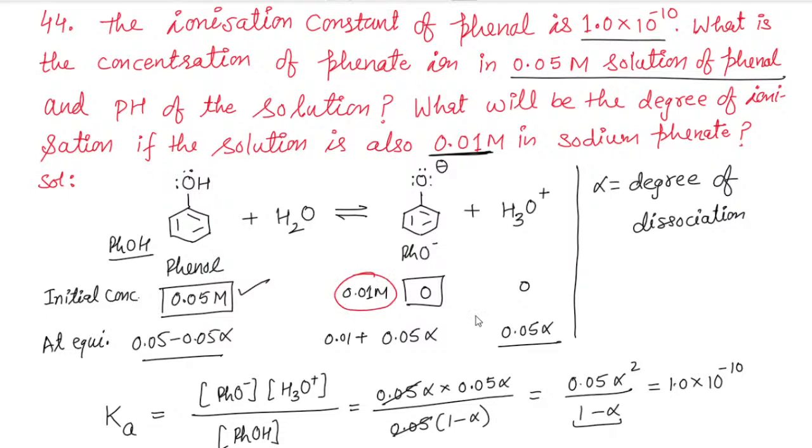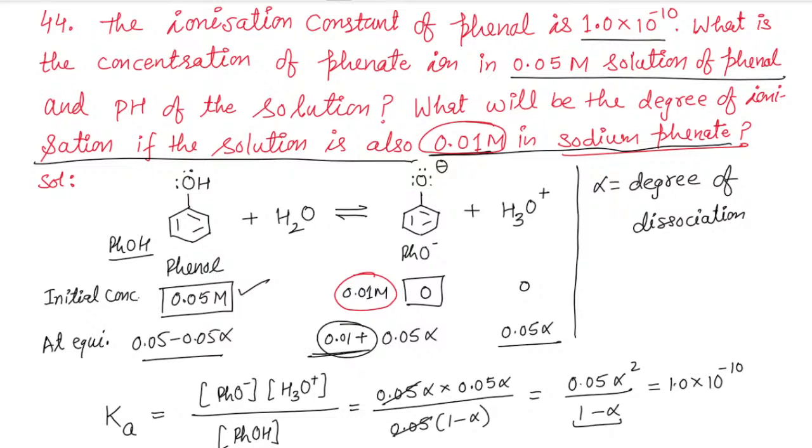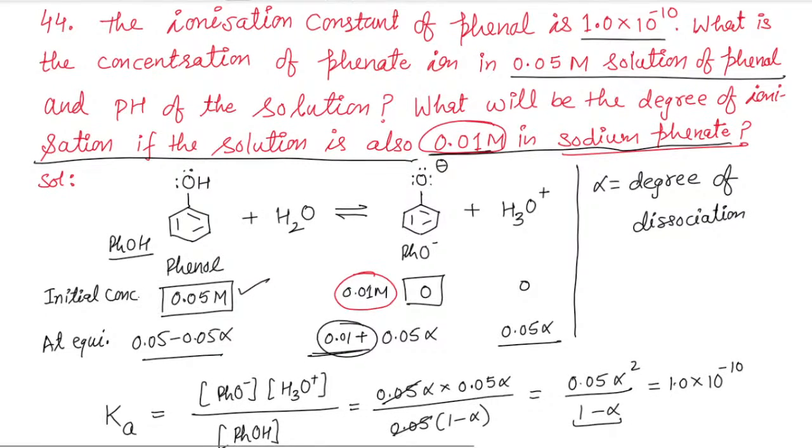This extra part is because of the presence of sodium phenate in the second case. What will be the degree of ionization if the solution is also 0.01 molar in sodium phenate? That is the major difference. The rest is the same.